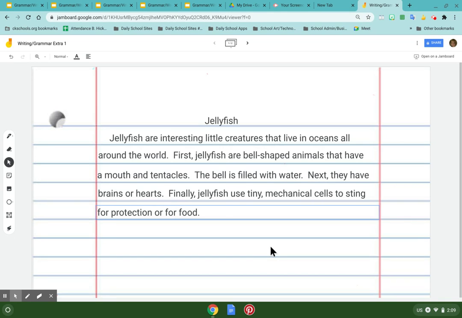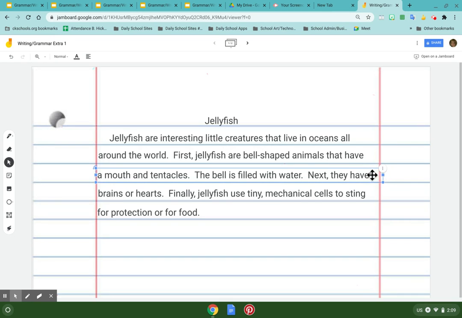Okay, now at this point, I go back and I reread it. Jellyfish are interesting little creatures that live in oceans all around the world. First, jellyfish are bell-shaped animals that have a mouth and tentacles. The bell is filled with water. Next, they have brains or hearts. Oh, did you see that? Next, they have no. Okay, so I've got to fit no in there.